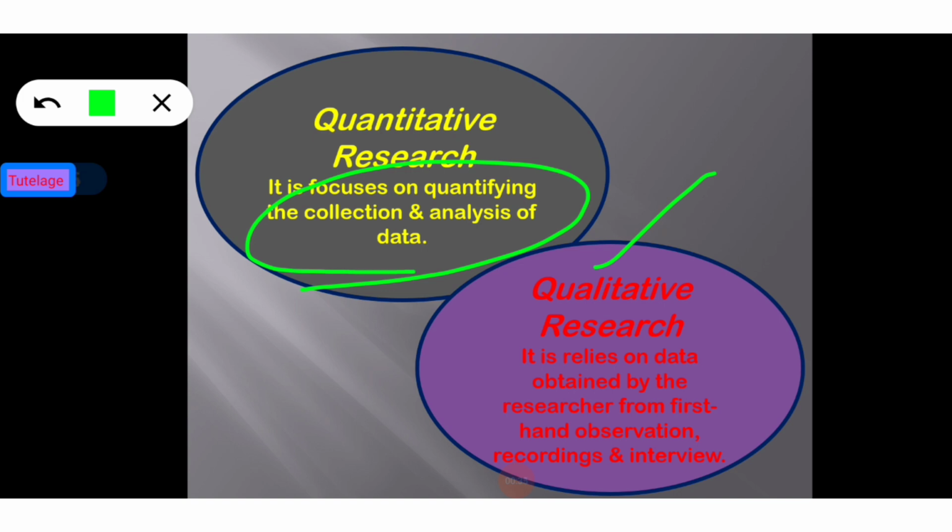That means it focuses on the quantity, and qualitative research relies on the data obtained by the researcher from first-hand observation, recordings, interviews. So it focuses on the quality of the research. So that is the basic difference between quantitative research and qualitative research. I think this is clear.